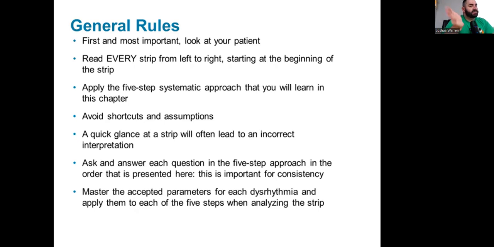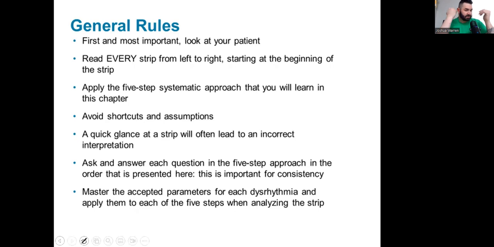Apply the 5-step systematic approach. Don't skip a step. You might be tempted to try and skip a step if it's a big, obvious one. Like monomorphic V-tach is pretty obvious, but please take your time. Registry is tricky, and so am I. Avoid shortcuts and assumptions.